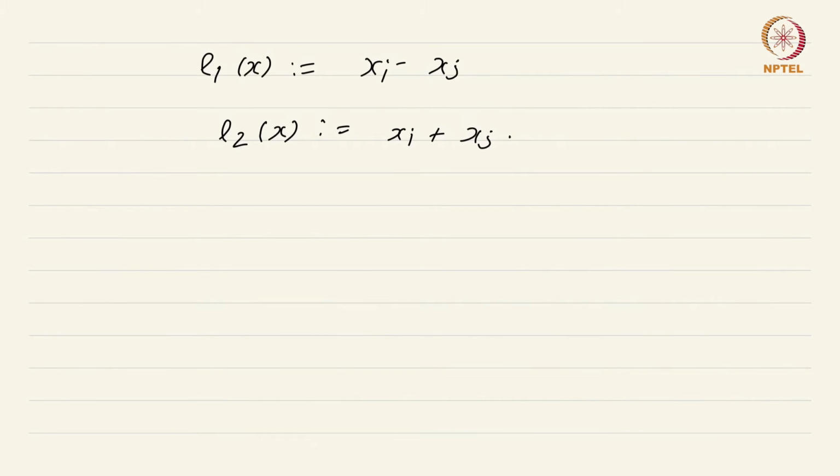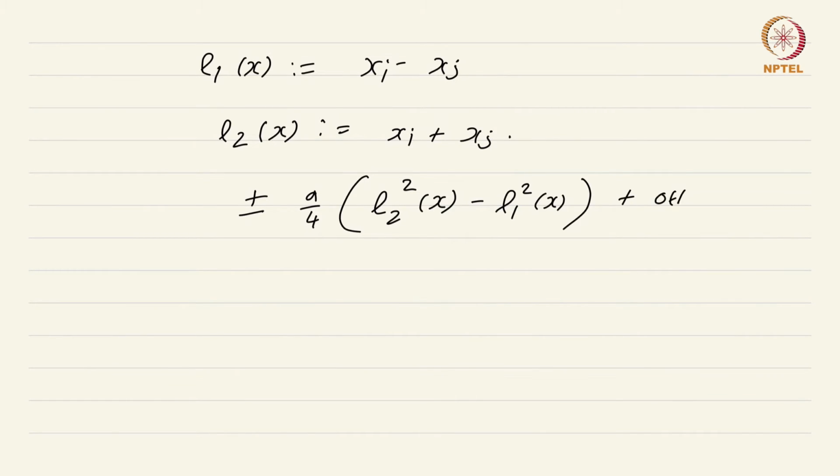Now you can write this quadratic form as plus or minus a by 4 into L2 squared x minus L1 squared x plus other terms.